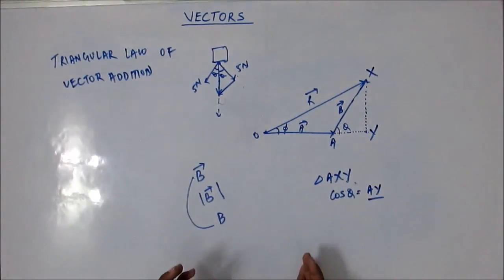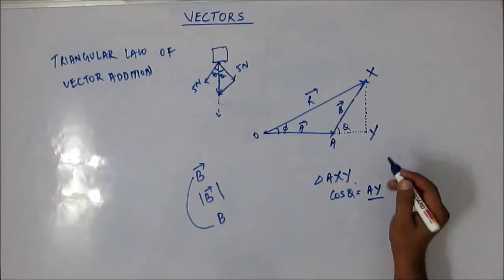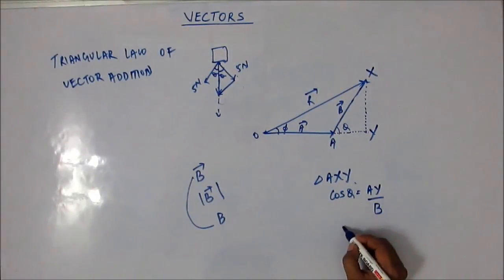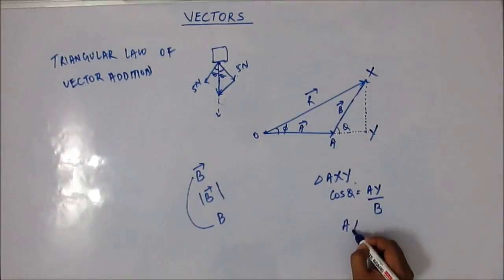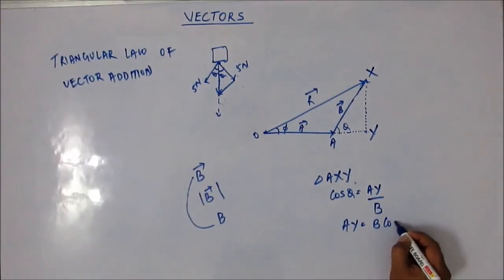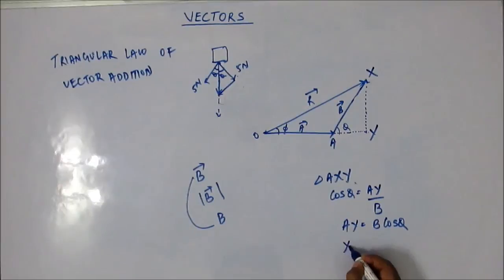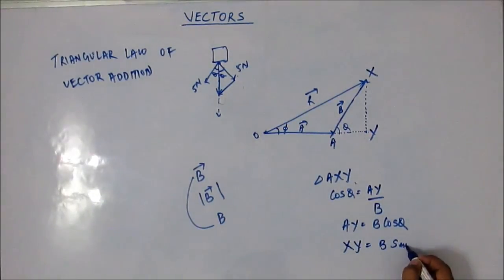It's just a number. So I'm writing the hypotenuse just as B. So AY comes out as B cos theta. If we do exactly the same thing and write the function for sine theta, then you will figure that XY is equal to B sine theta.